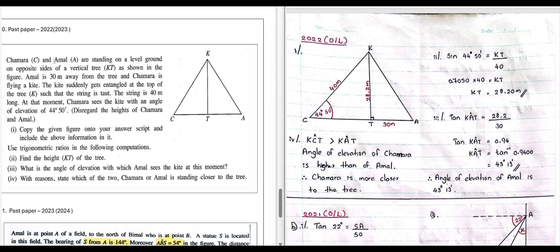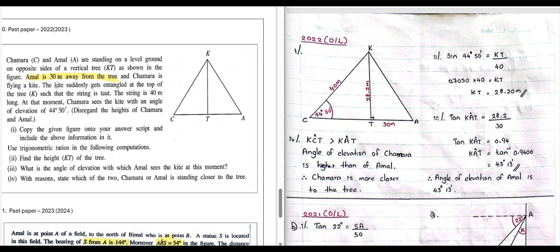Now, Chamar and Amal are standing on level ground on opposite sides of a vertical tree KT. Now, KT denotes a tree, and here C means Chamar is there, and here A means Amal is there. Okay, Amal is 30 meters away from the tree, and Chamar is flying a kite.